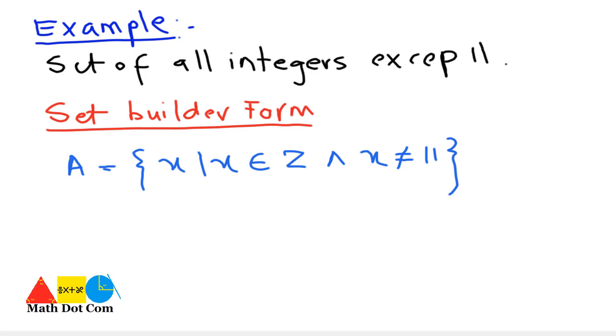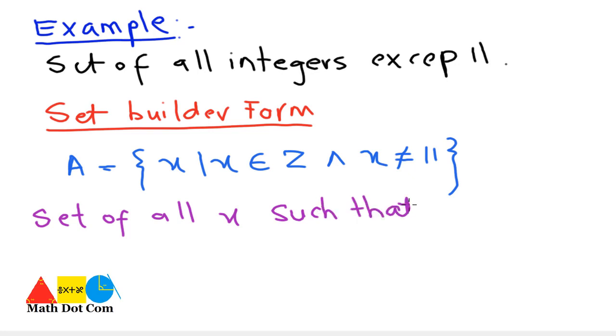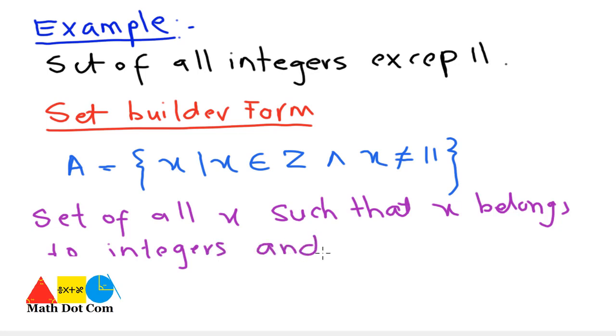Let's see how you can read it: set of all x such that x belongs to integers and x is not equal to 11.